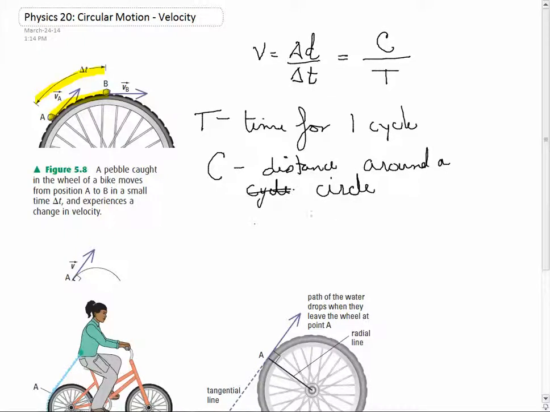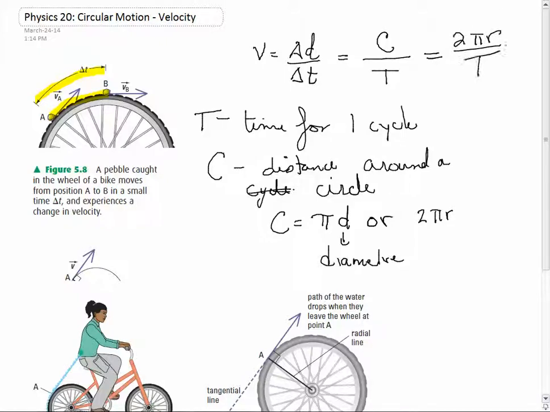And so we can calculate the circumference by going either pi d, and that's d for diameter, or we can look at 2 pi r. And so the most common way of describing circular motion, or the velocity for circular motion, is 2 pi r over T, the period. So the circumference divided by the period.